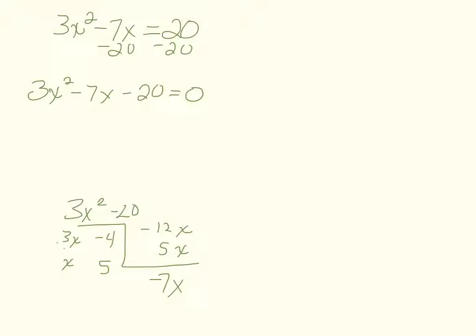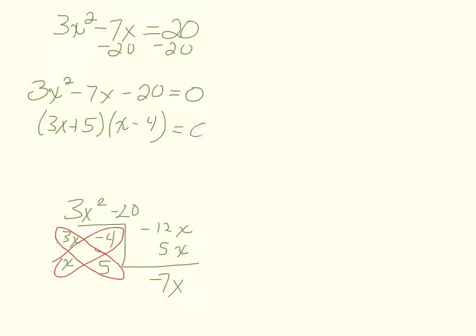So there we go. That's what we want to use. All right, if we remember, our diagonals are the binomials. So 3x and a positive 5, or 3x plus 5, and x minus 4. And that should be equal to 0.